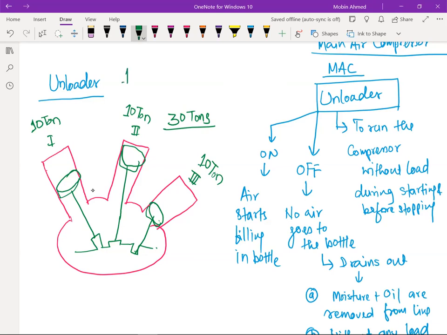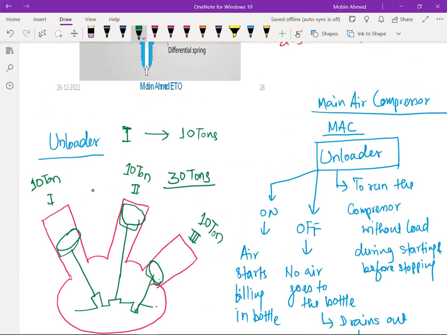So number 1 is on in this stage, and it provides 10 tons of cooling. Now if the temperature is rising, what will happen? The second stage is also going to be on.